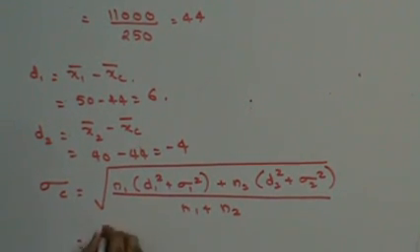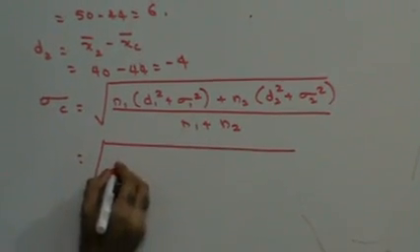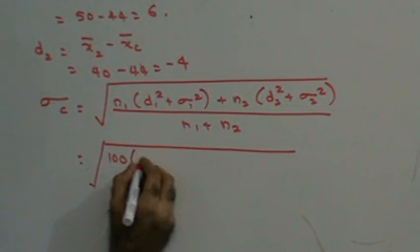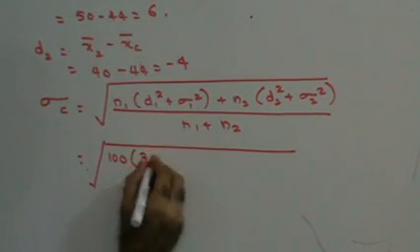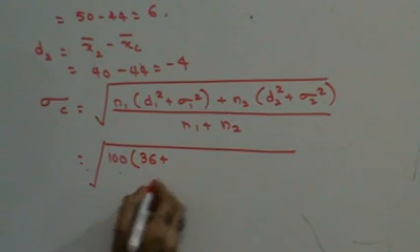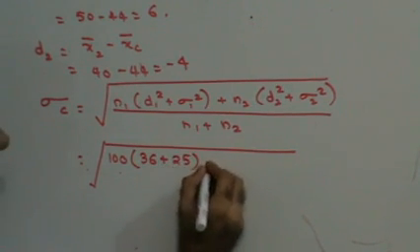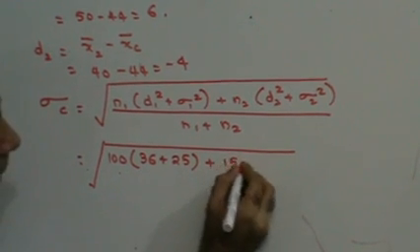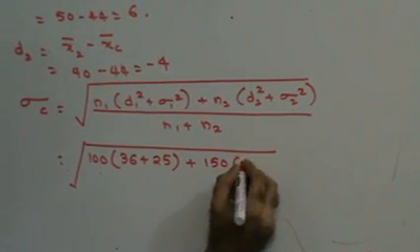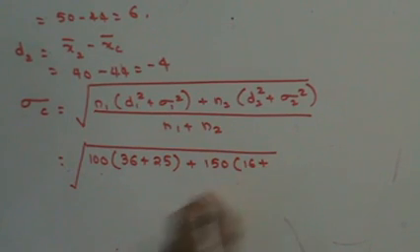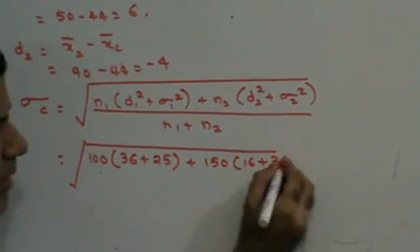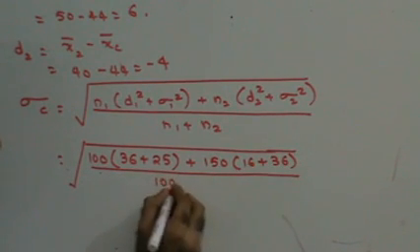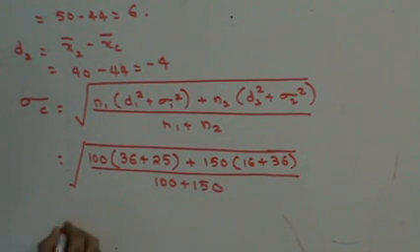This is going to be square root of n1, which is 100, into deviation 1, 6. 6 square is 36 plus 5 square is 25 plus n2, which is 150, into deviation 2 square, minus 4 square is 16, plus 6 square is 36, upon n1 plus n2, 100 plus 150.